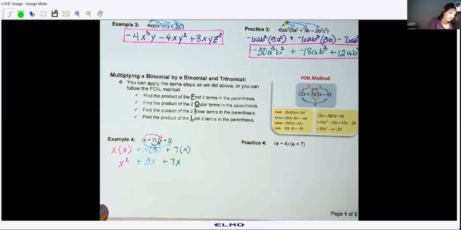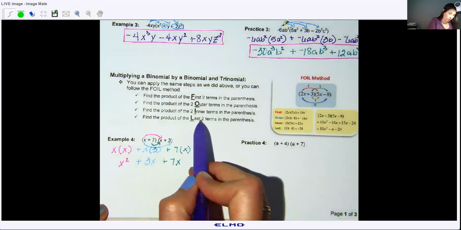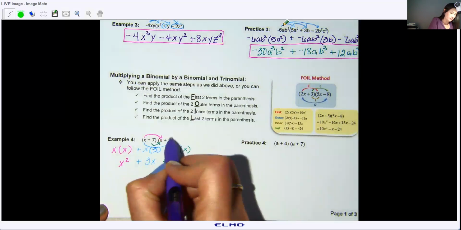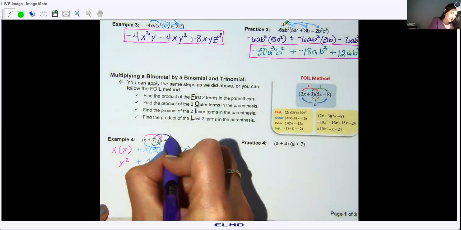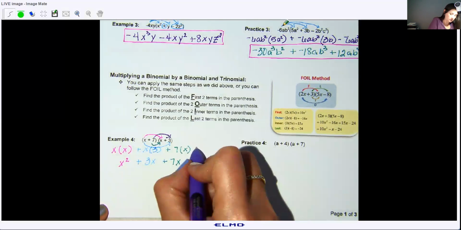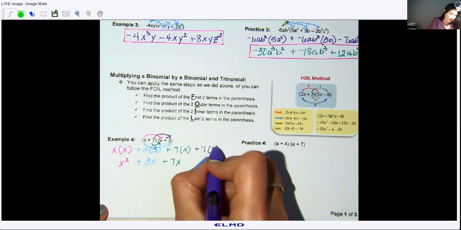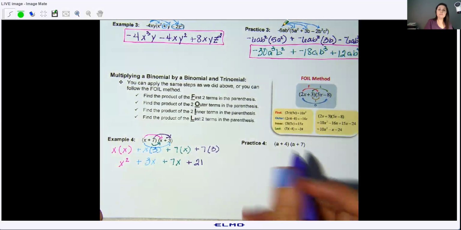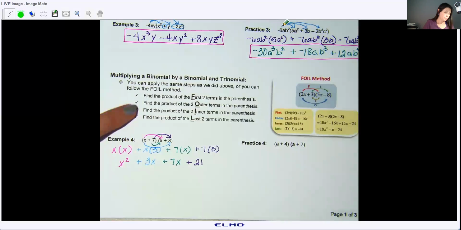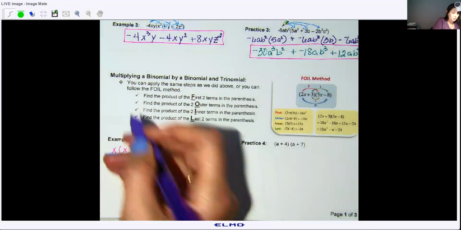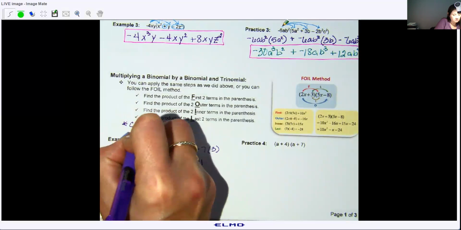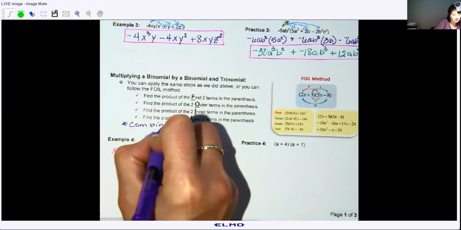And then you're going to take the two last terms. So the second term in this binomial, and the second term in this binomial, 7 times 3, which is 21. Okay, so once you do that, you then need to combine like terms. And if you want, you can add this down here, combine like terms. I didn't put that step here.